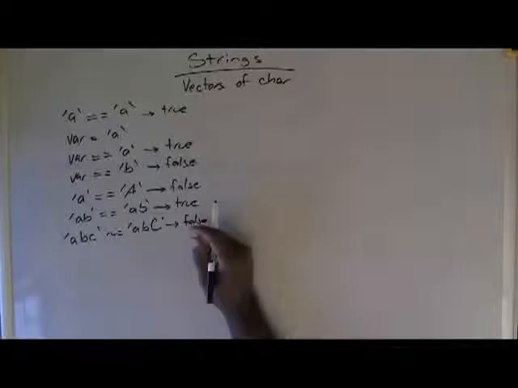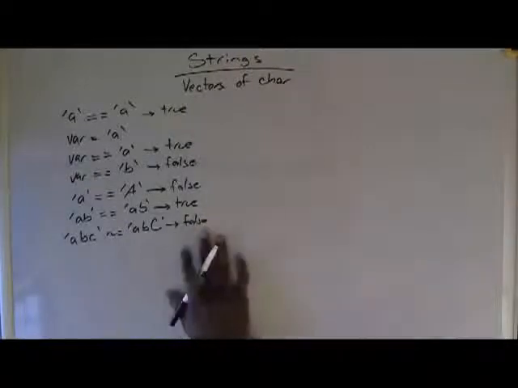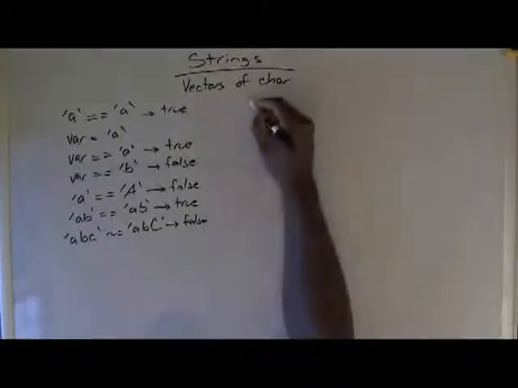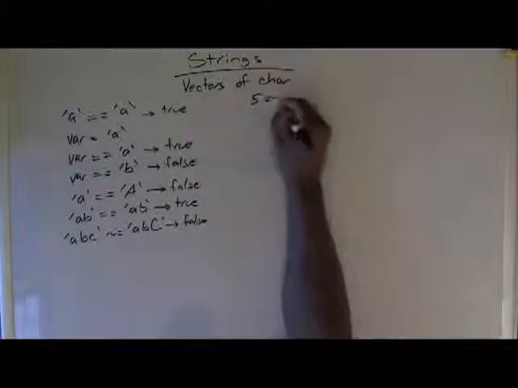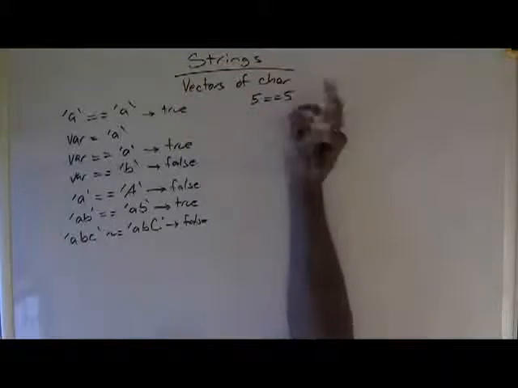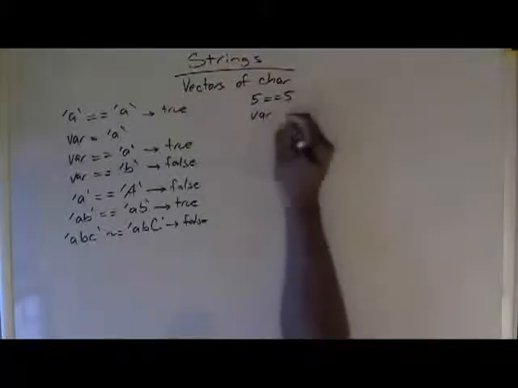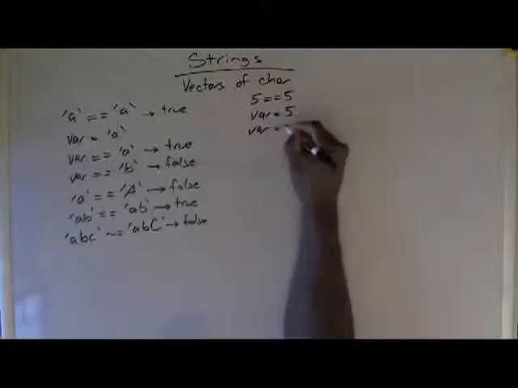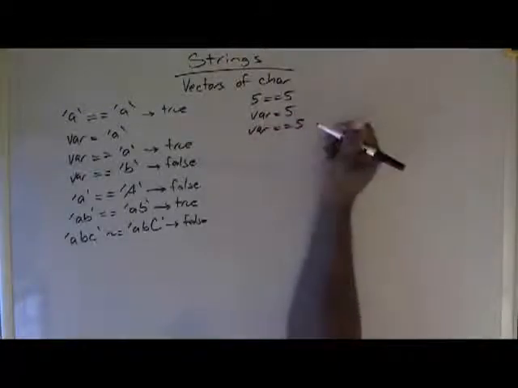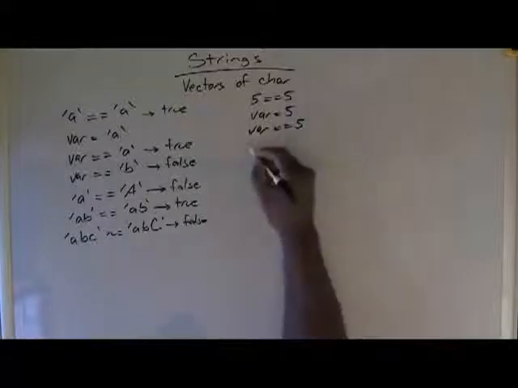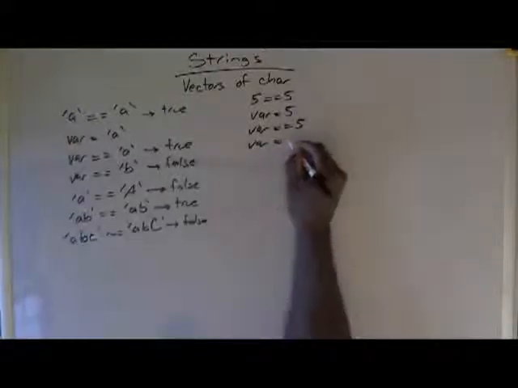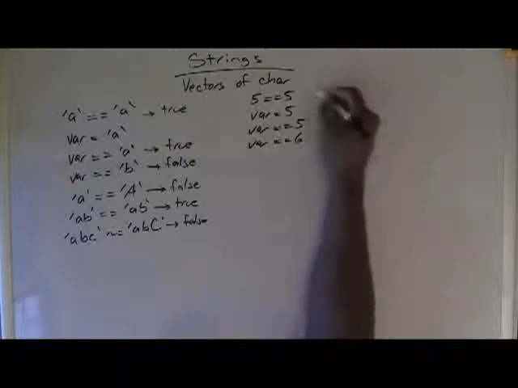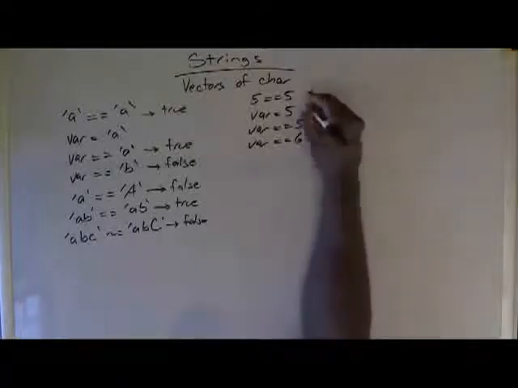Okay. If we come over here and look at this same thing on the number side, we could say, well, does 5 equal 5? That would be true. I could assign some variable equal to 5 and then say, does that variable equal 5? And that would be true as well. Then I could ask, well, does that variable equal 6? And that would be false. So this would be true up here.